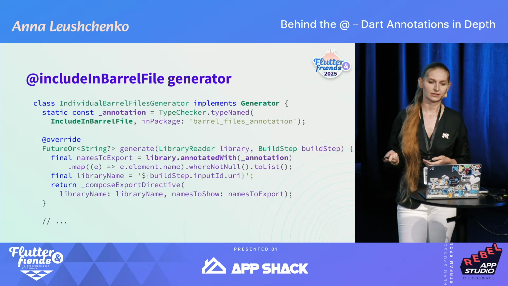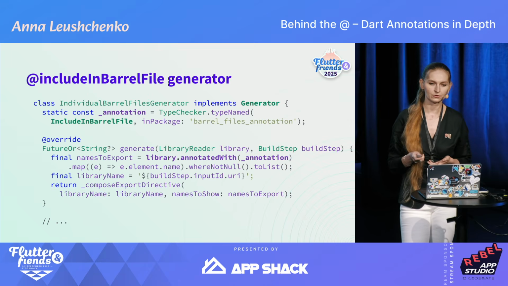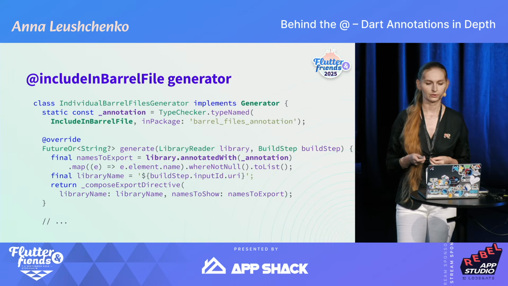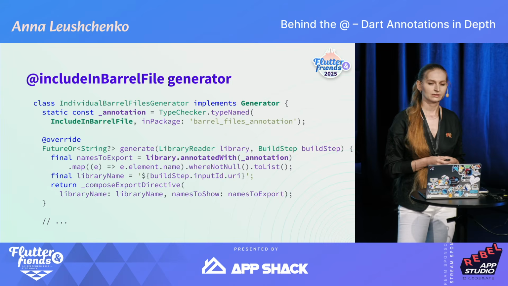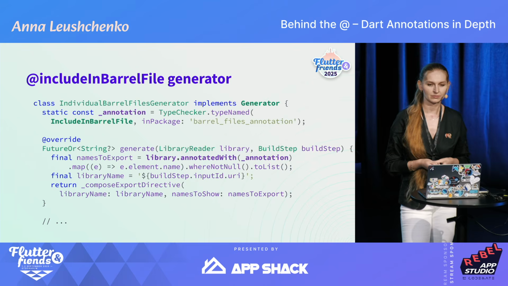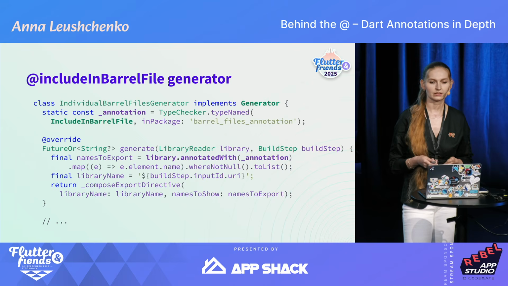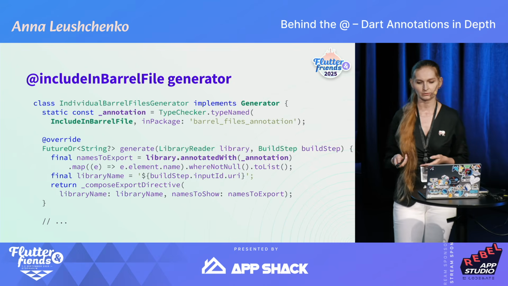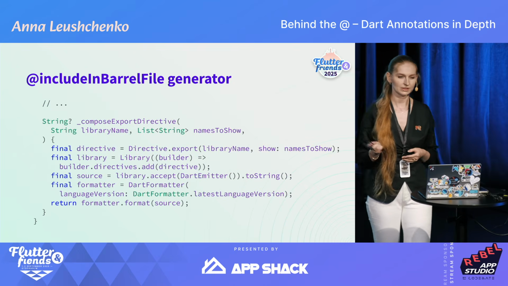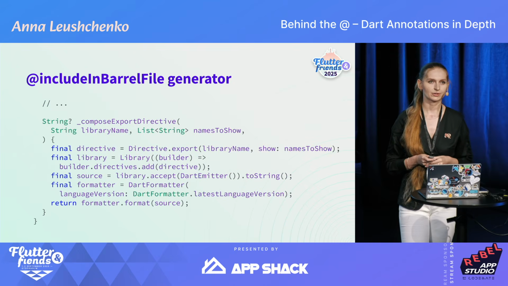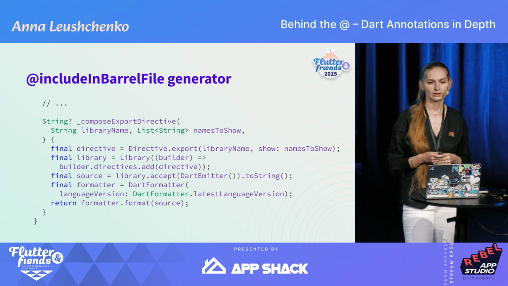And this once again is the simplified version of the code that collects all code elements annotated with this particular annotation. Then it gets the names of those elements and the name of the Dart library they are declared in, and combines them into a single export directive. And this is the method that produces the output code.